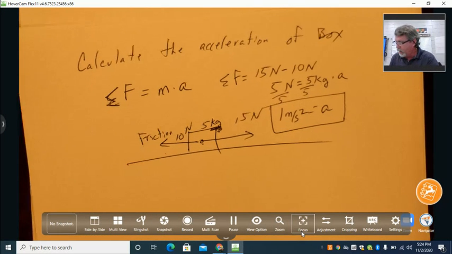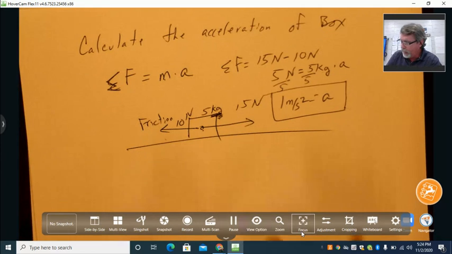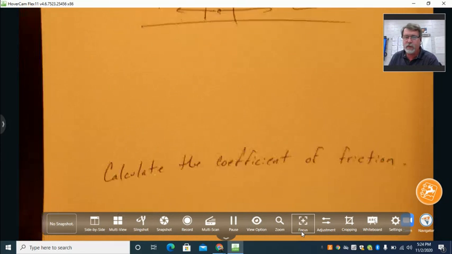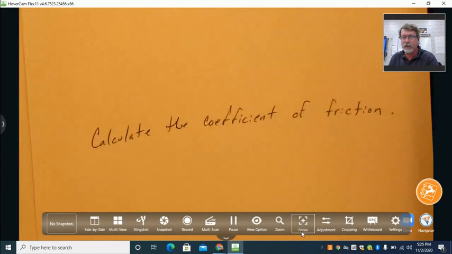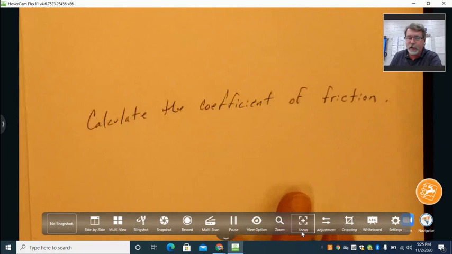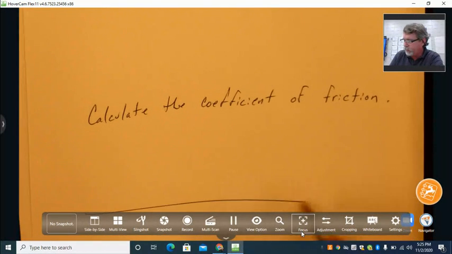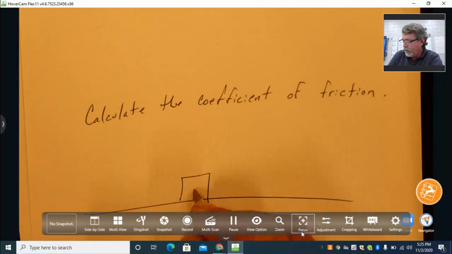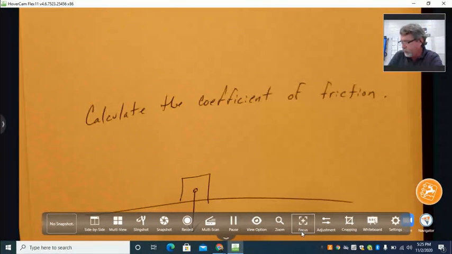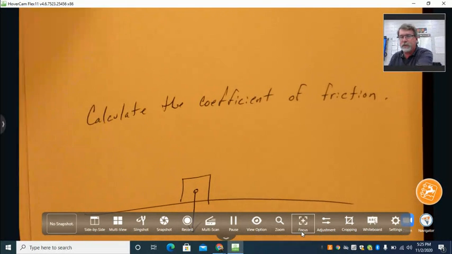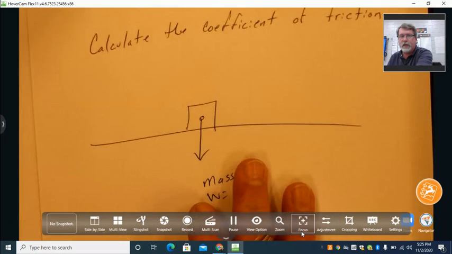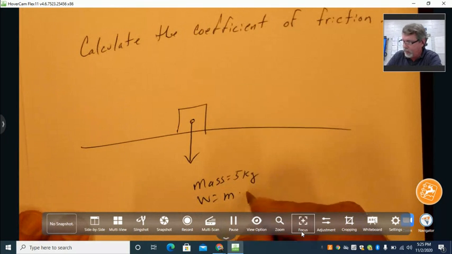Let's look down here at this example where we want to calculate the coefficient of friction. So we have a box, and again we'll do a mass of 5 kilograms. And so the weight would equal mass times gravity.